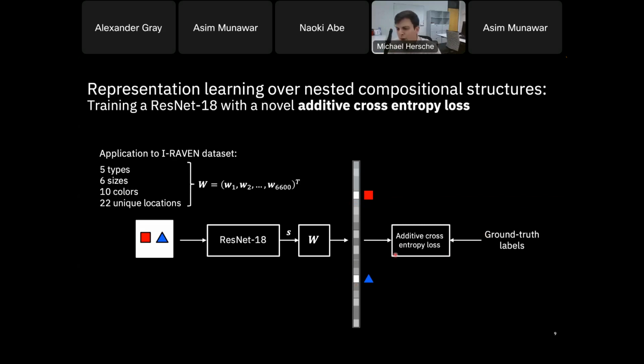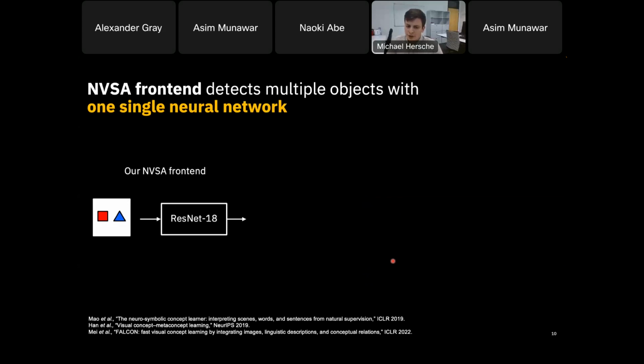What we found was that with this additive cross entropy loss, we can achieve very high recognition accuracy, which was not possible with other alternatives like the standard binary cross entropy loss, where we saw low classification accuracy. Maybe to just quickly take a step back, what we propose is an NVSA front end that is able to detect multiple objects with one single neural network pass.